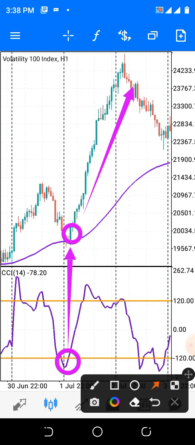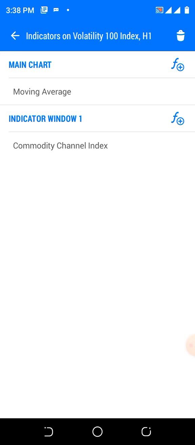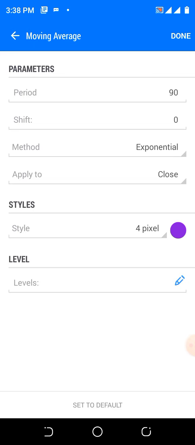Now let me show you the settings. The first is moving average. The period is 19. Method is exponential. Apply to close. Do you understand?